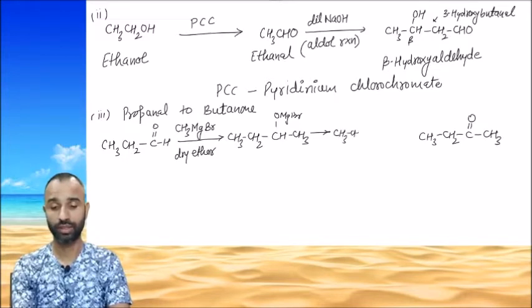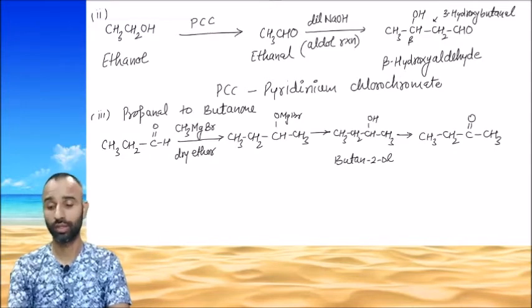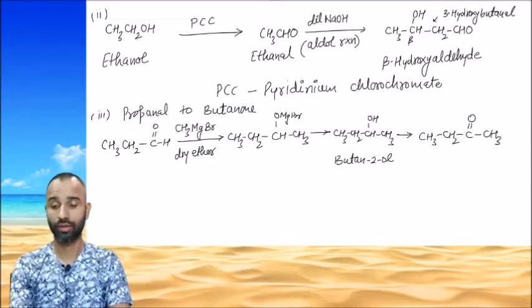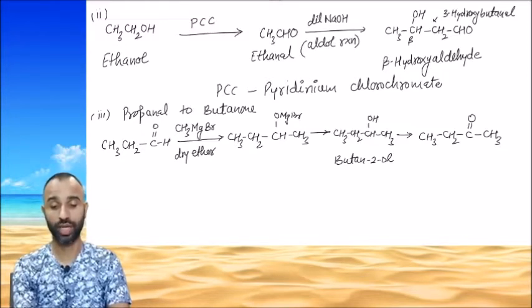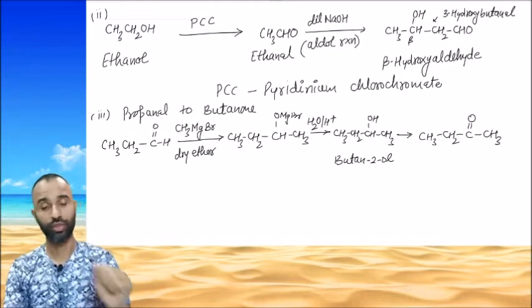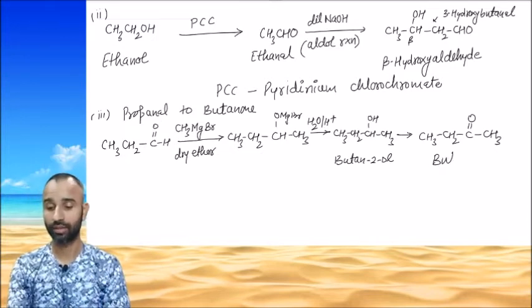hydrolysis leads to the formation of butane 2-ol. See, this is butane 2-ol, and on oxidation we get butanone. So this product in the presence of dry ether, after hydrolysis we get butane 2-ol and then butanone.